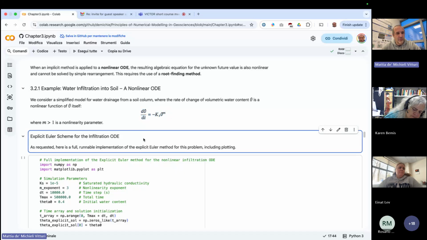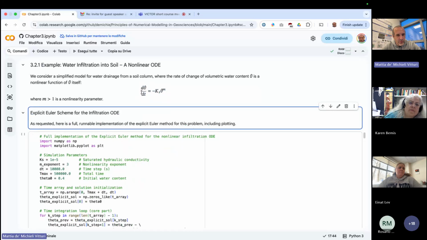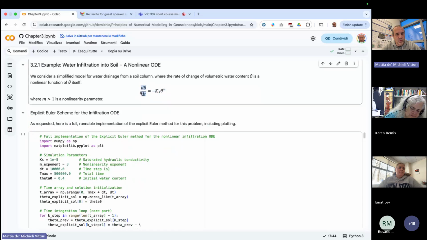So for the explicit scheme, we will do exactly as we have done before. We approximate what we have here on the left with new value minus old values divided by delta t. And then here for theta, we use the previous value when we want to use the explicit scheme.